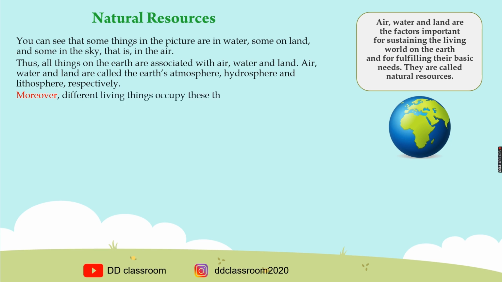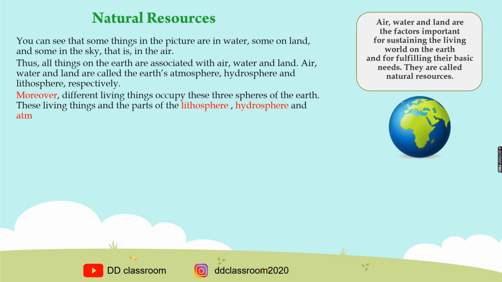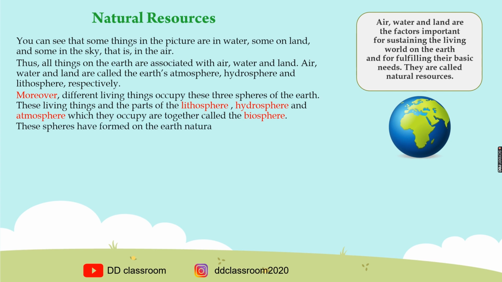Moreover, different living things occupy these three spheres of the earth. These living things and the part of the lithosphere, hydrosphere and atmosphere which they occupy are together called the biosphere. These spheres have formed on the earth naturally.